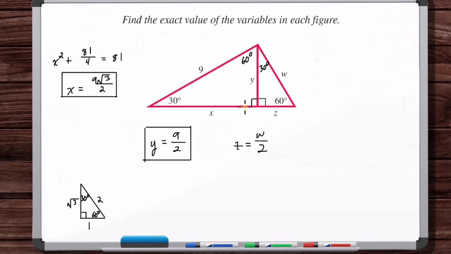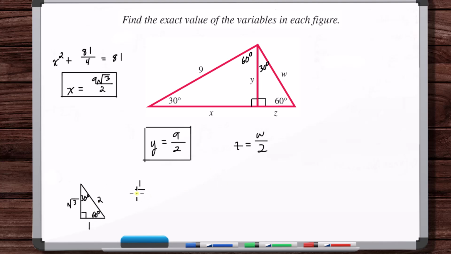Now, just note that I said z was w divided by 2, but we could have used trig functions, right? The sine of 30 is equal to z over w. And what's sine of 30? It's 1/2.